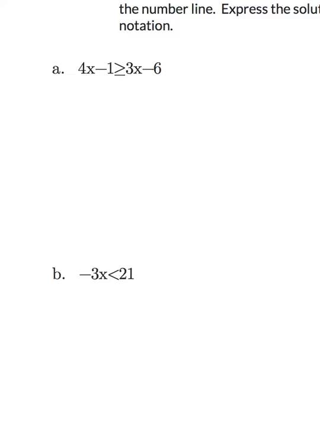As I mentioned, in order to solve inequalities, we're going to use the same procedures that we use for equations. We just want to make sure that we keep our inequality sign. So my first step for this problem is I want to get all the variables on one side and all constants on the other. I'm going to start by subtracting 3x from both sides.